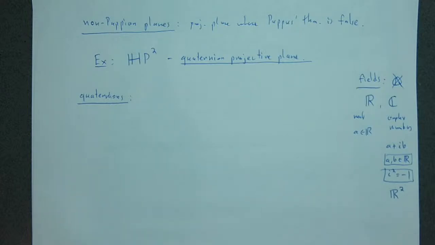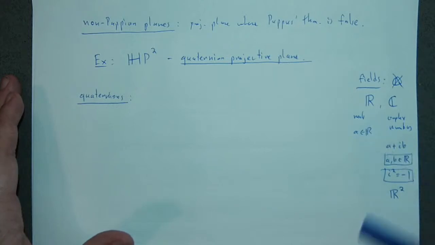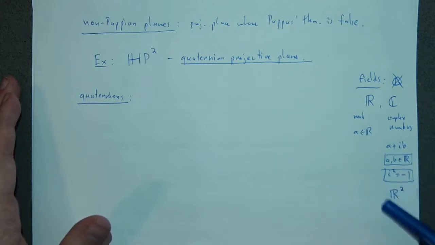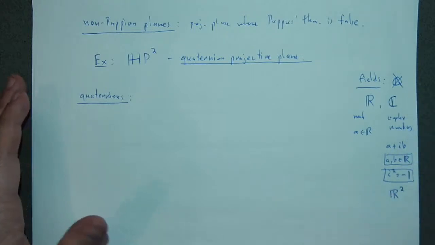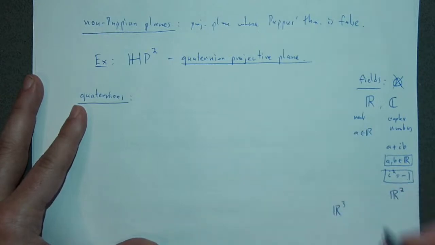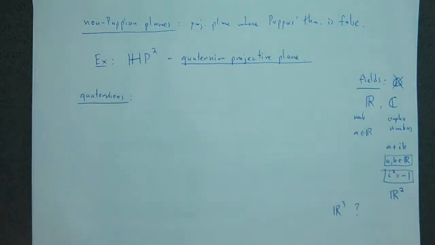And so the idea was, can I do this kind of thing? I have reals here, I have complex numbers, but I got the complex numbers by having these linear combinations, A plus iB, where I have this weird symbol i that satisfies something, so i squared equals minus 1. So the question is, can I do this in R3? Can I come up with a number system in R3 that satisfies the field axioms?